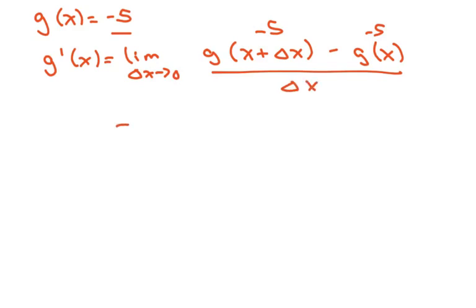Well, that equals negative 5 minus a negative 5 over delta x, so that equals 0 over delta x.